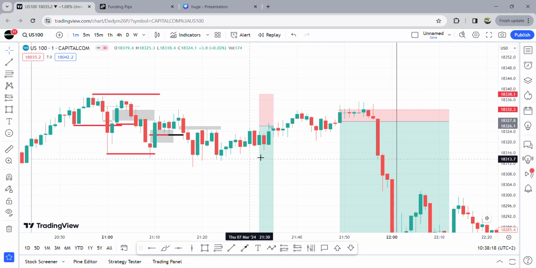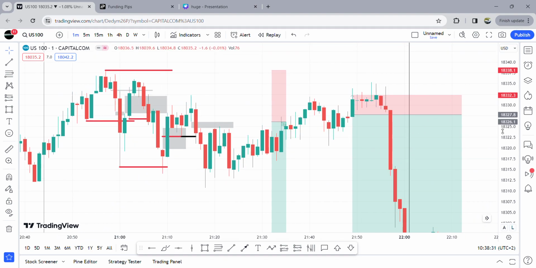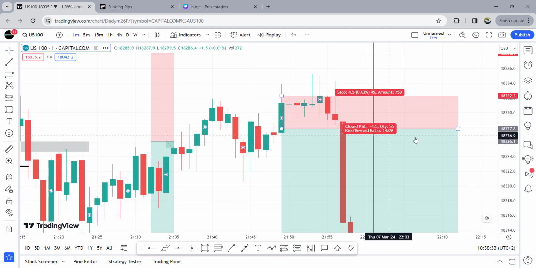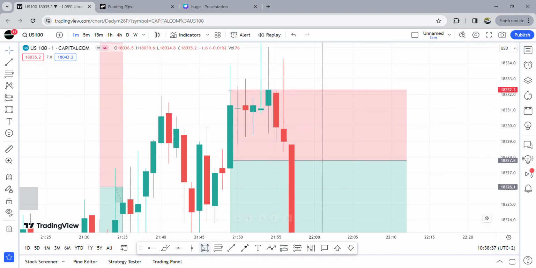Now I missed this initial one just because I didn't feel like this was enough. So I just waited further and it gave me the exact same pattern, even higher up.